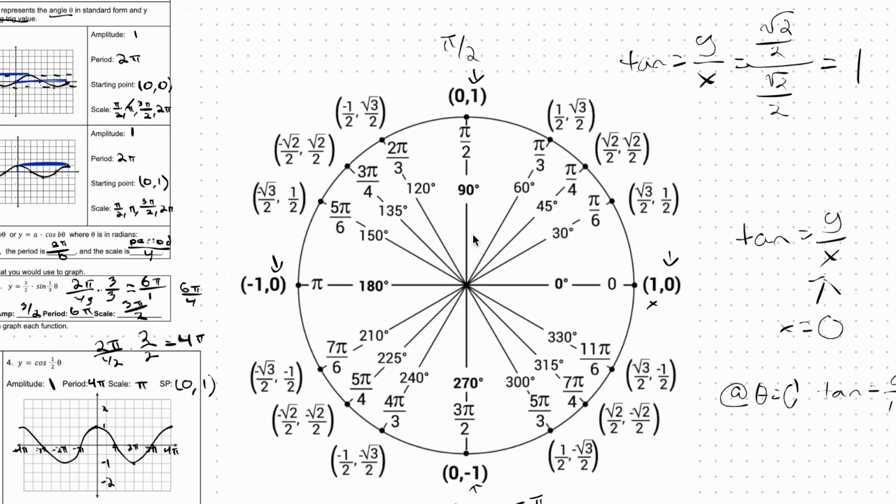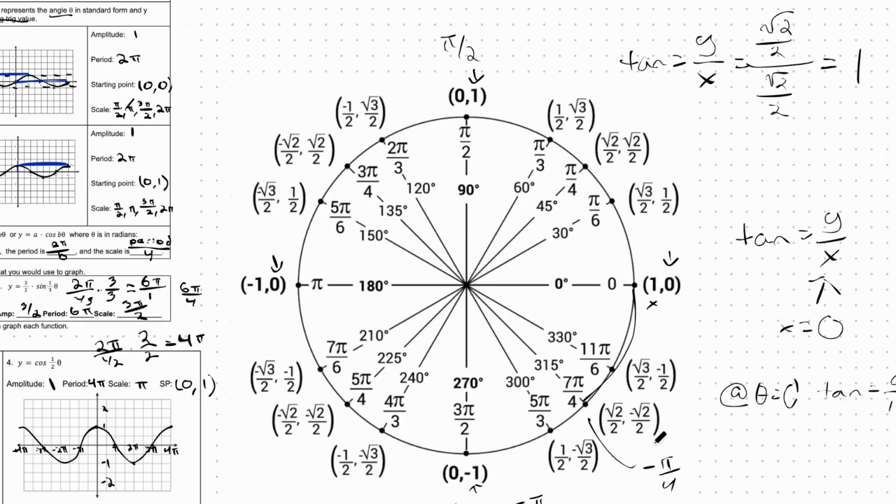Now, while we're up here, what about negative pi over 4, or 7 pi over 4?